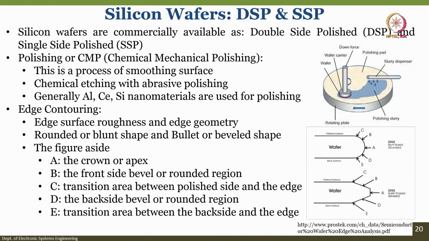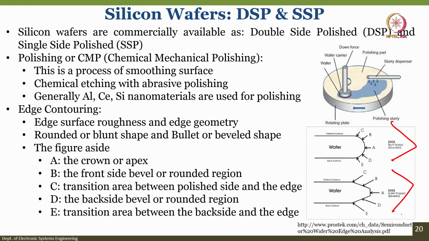So, edge roughness and edge boundary or geometry is understood: rounded, blunt, bullet shape, or beveled shape. Different kinds of shapes you can have when you have the boules, I am sorry, boules, not bowels, two different confusing words. So, different shapes you can find in the ingot or boule. In the figure, that is A, B, C, D, E, you can see here. What does this show?